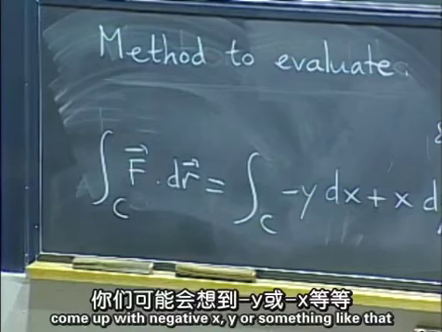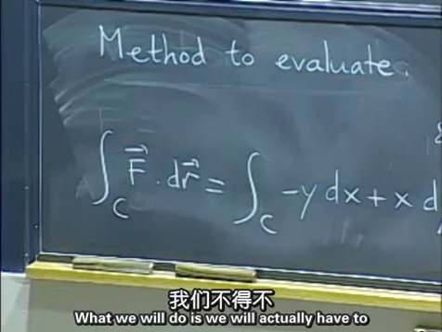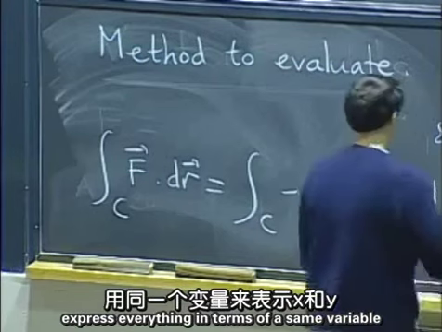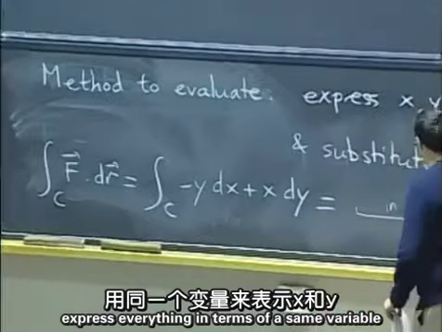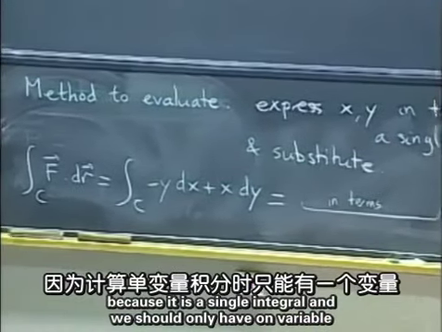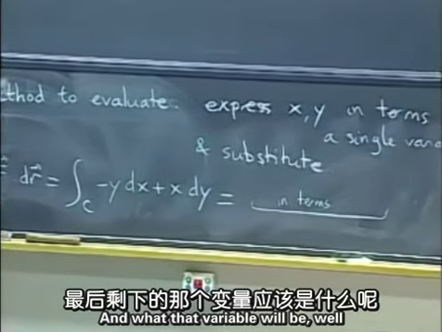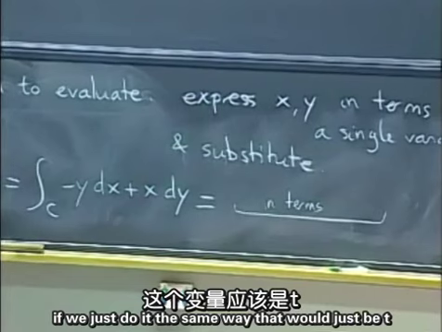You could try to come up with something like negative xy, but that doesn't make sense. It doesn't work. So we'll have to express everything in terms of the same variable, because it's a single integral. We should have only one variable. If we do it the same way, that would just be t.